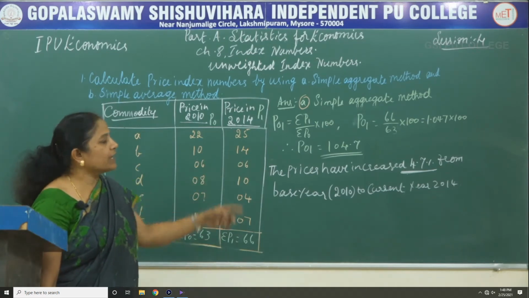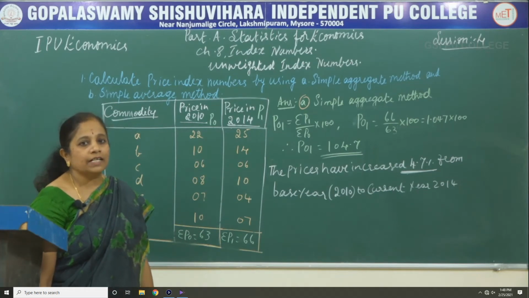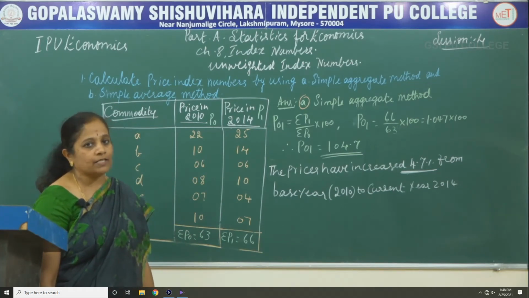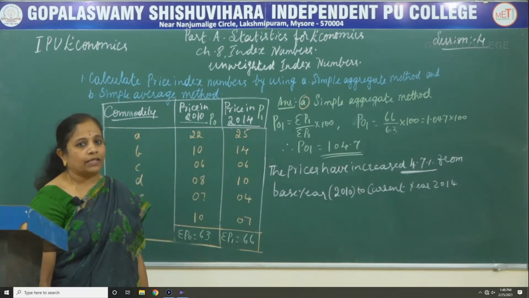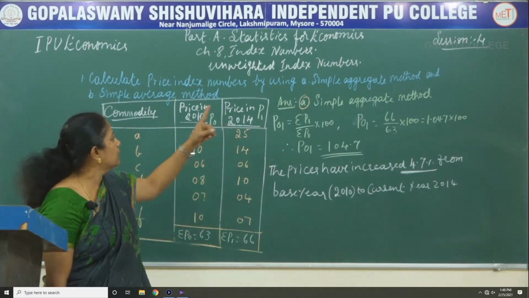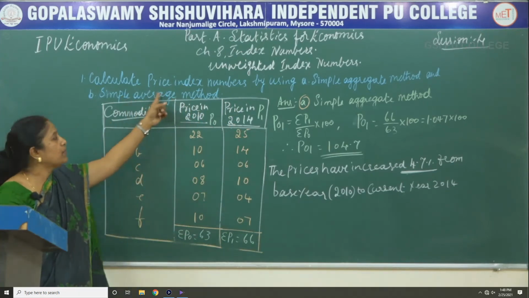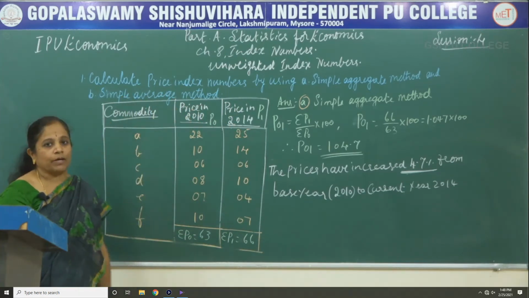So this is the way of calculating the price index number under the unweighted price index number from the simple aggregate method. So now let us calculate the unweighted index number under the simple average method.